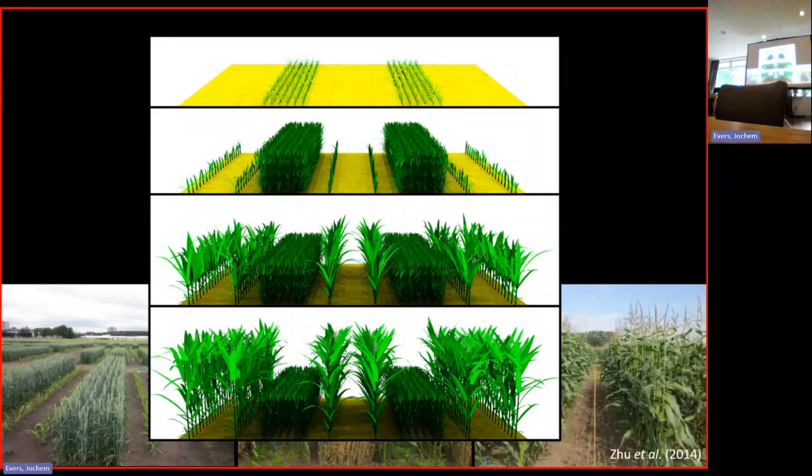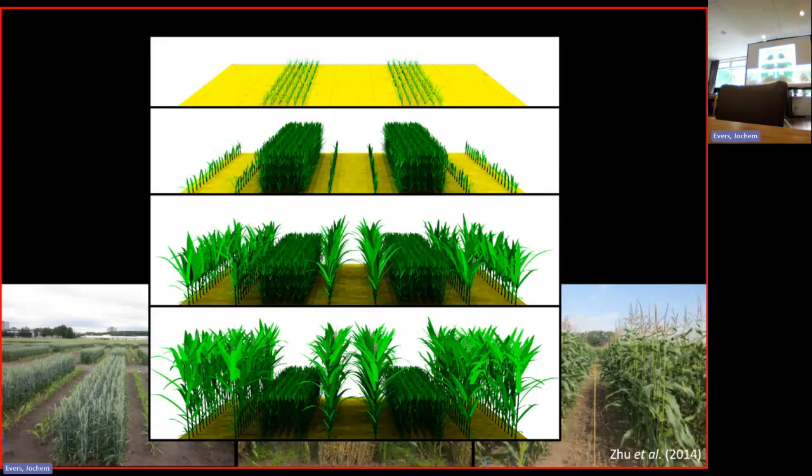We knew that this intercropping system was already over yielding, and we want to know what is the contribution of these plastic wheat responses to that over yielding by looking at the total amount of light captured by this intercrop. And we did that using such an FSP modeling approach. So this is what Junchi did in the past. He basically recreated these wheat maize canopies. You can see it here in different stages of growth.